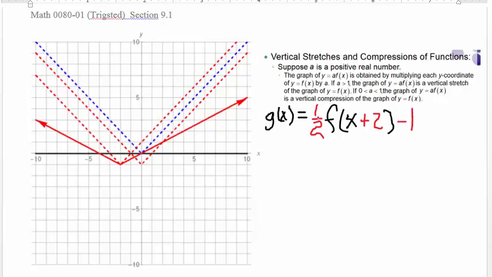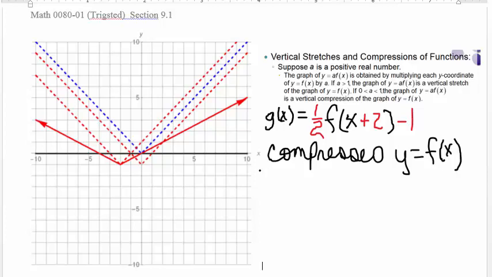The 1/2 is actually a vertical compression, since 1/2 is between 0 and 1. So g of x compresses y equal f of x vertically.